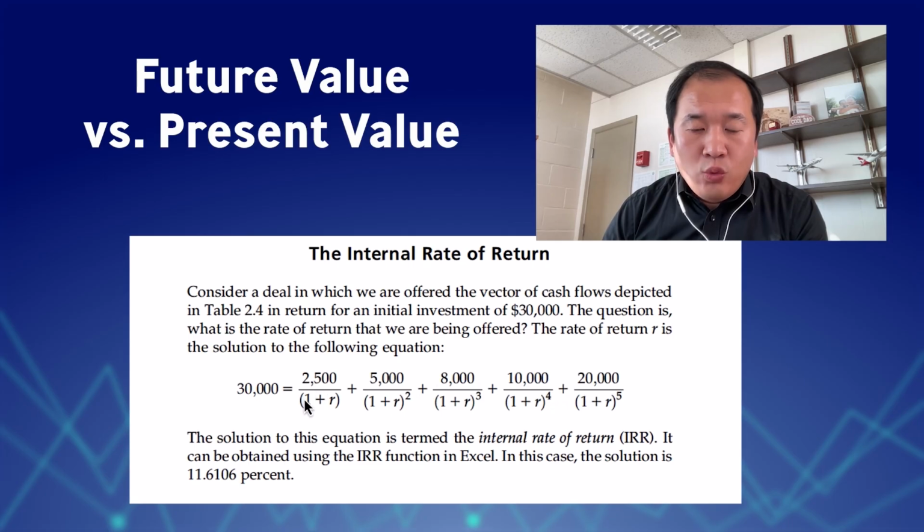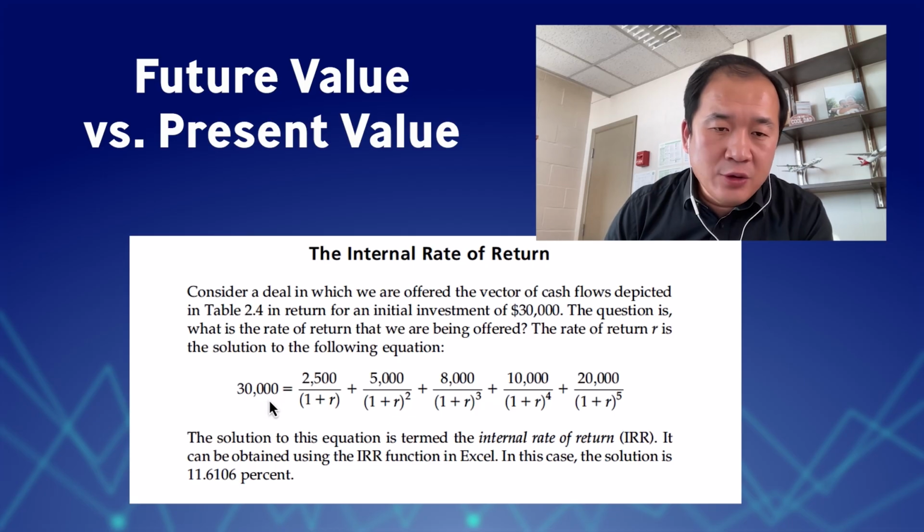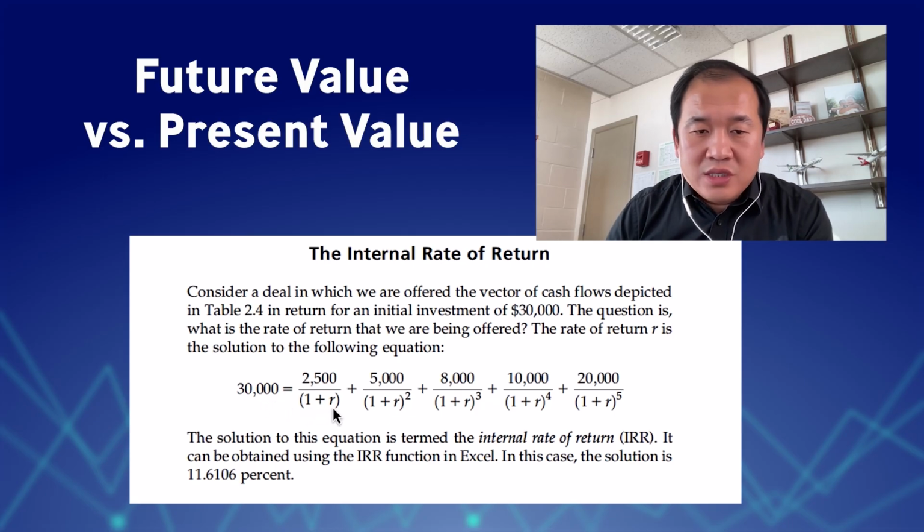We want to convert those future payments into the present value, and we want to work out what the so-called IRR is. The IRR here is just the rate of return per annum in this case. So this is the equation.